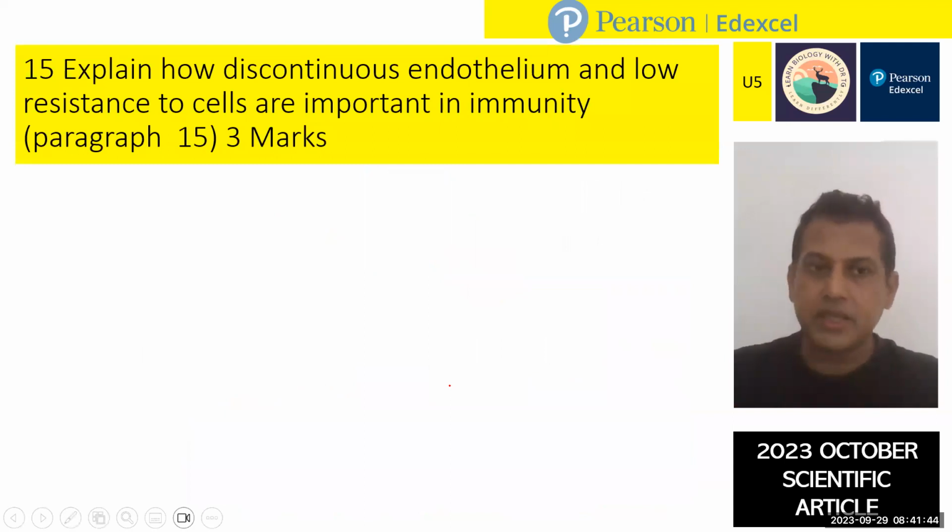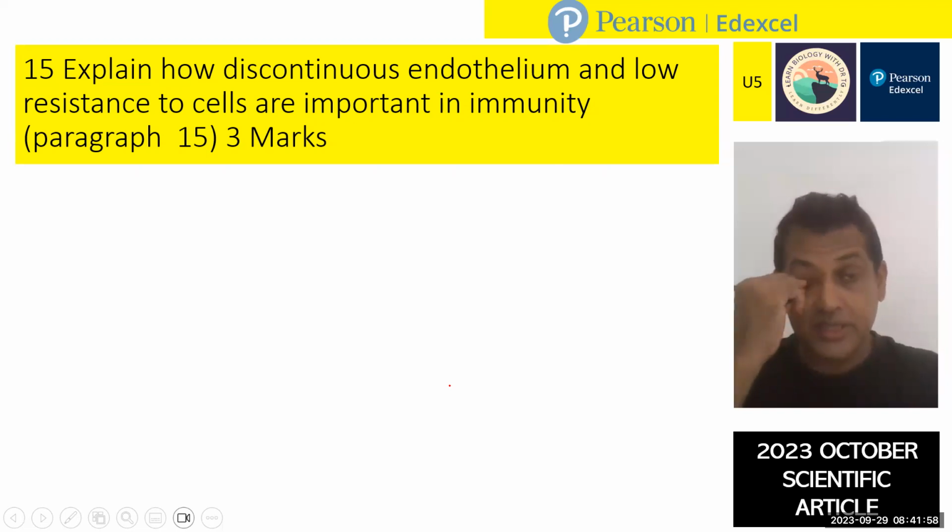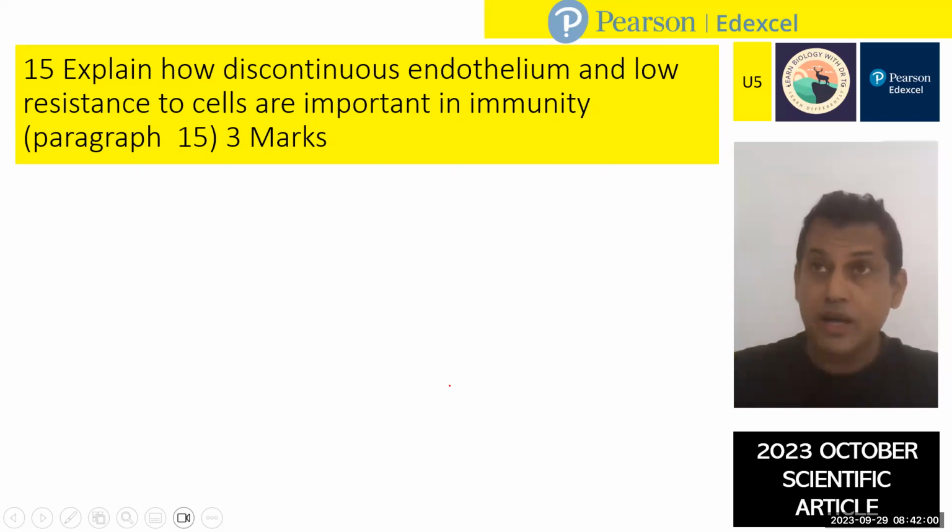Question number 15. Explain how discontinuous endothelium and low resistance to cells are important in immunity. Here we learn a slightly different connection, nothing to do with the sensory system. In the previous article, fascia was a sensory organ.